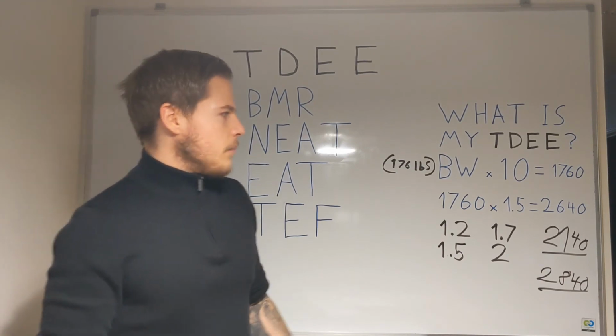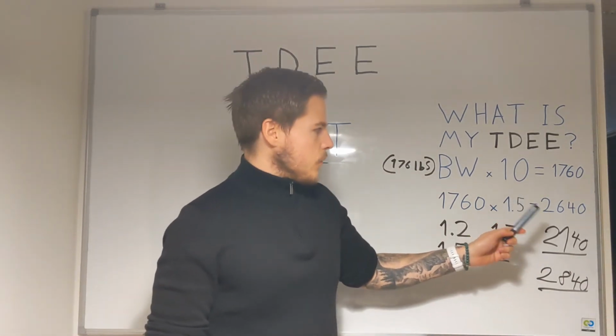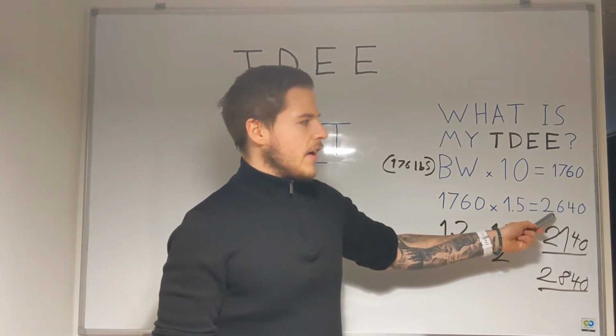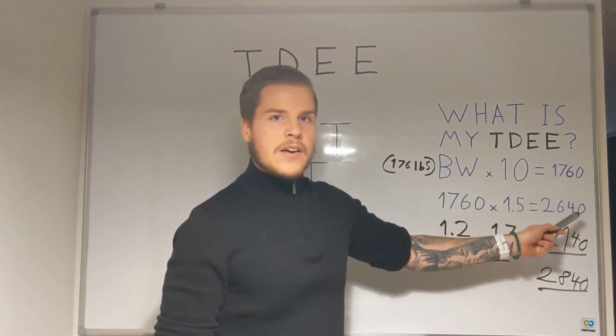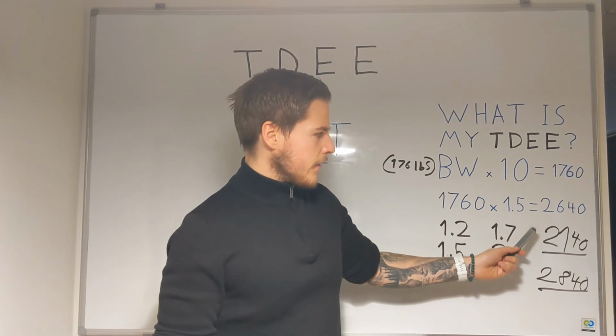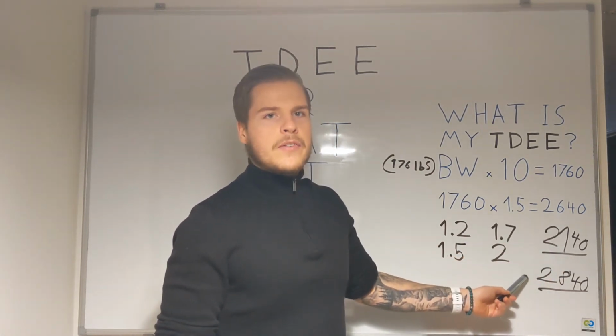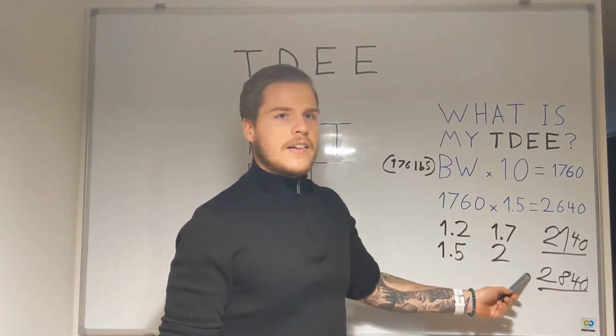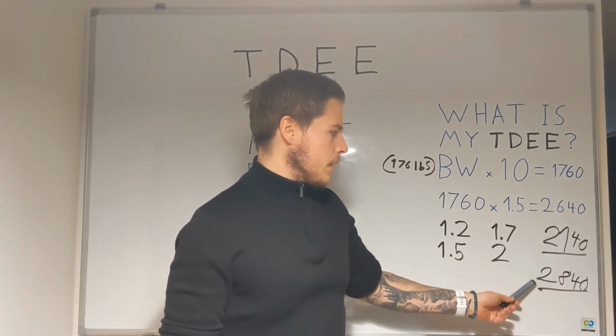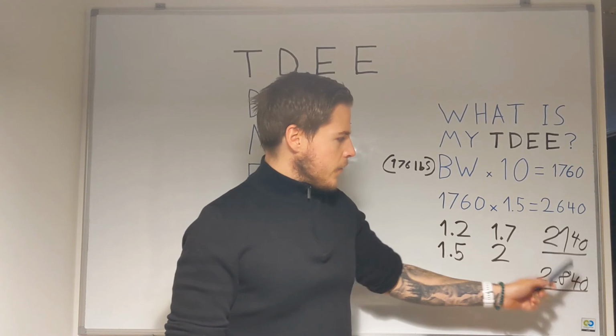These are just a few examples, and to recap: if I were to recomp, I would stick to 2,640 calories. If I wanted to lose weight, I would stick to 2,140 calories. And if I was looking to build muscle in the best way possible, I would probably eat 2,840 calories.